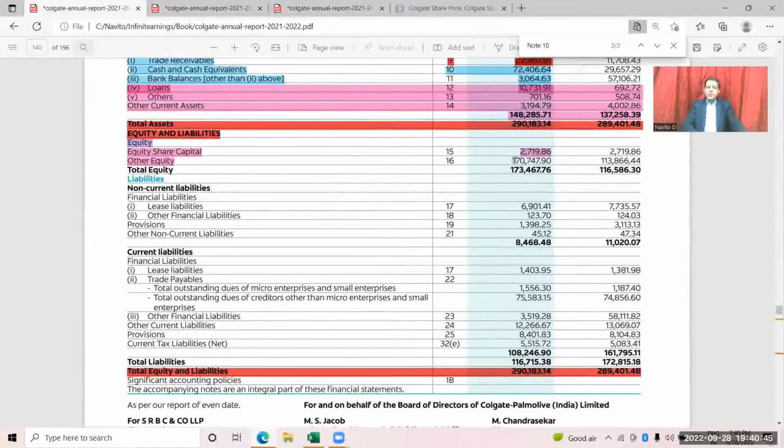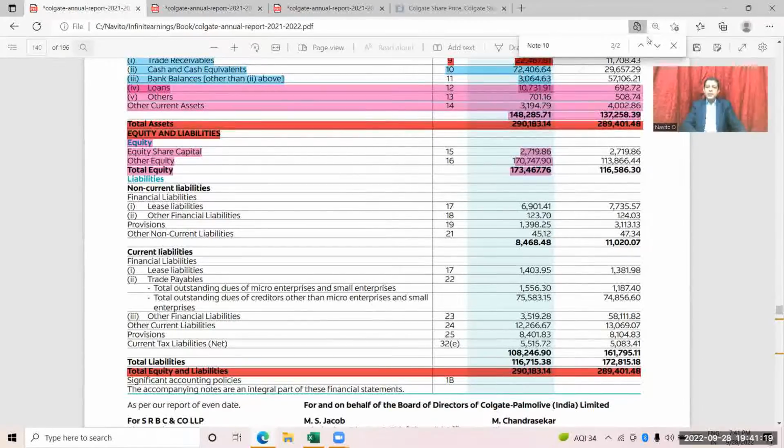This is the capital which the company accumulates over a period of time. Whenever the company earns profit, it can put all of it towards reserves and surplus, or it can divide the profit, continue accumulating a part in reserves and surplus, and give another percentage as dividends. The summation of both the items, equity share capital and other equity, is the total equity.